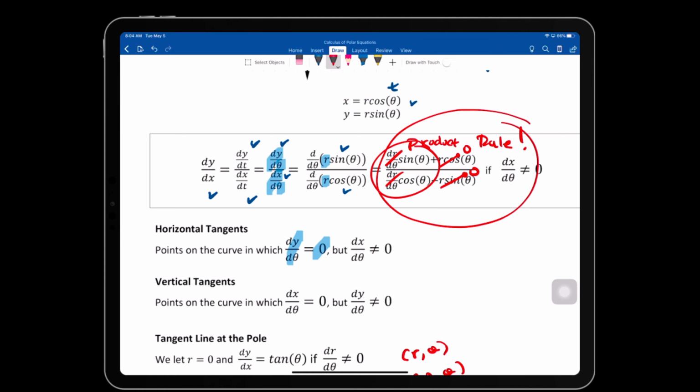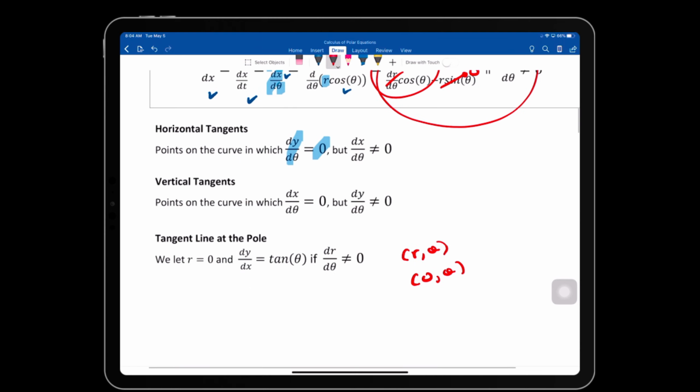You just have dr d theta sine over dr d theta cosine, which is tangent. So tangent line at the pole, we have this nice equation. So if you're trying to find a tangent when the curve goes through the origin, right? Tangent line at the pole, at least that's the slope, you can find it this way. And of course, dr d theta can't be 0.